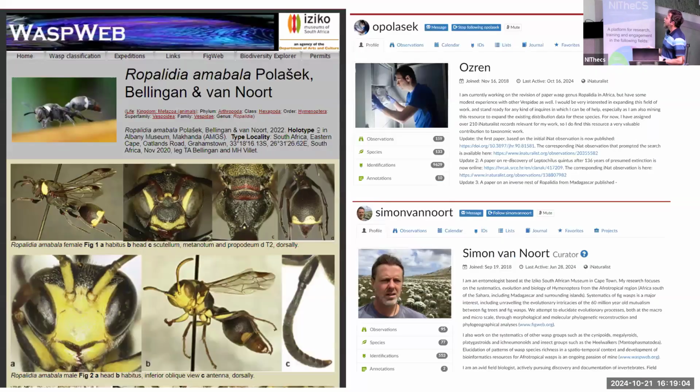Okay, sorry. So you remember I said this Osrin is a taxonomist, so he's a paper wasp specialist, and specifically Rhopalidia and also some of the others. So here he and Simon van Noort, who's a colleague of mine from the Iziko Museums in Cape Town, actually, after that observation, they collected a specimen, and then this is another platform, Wasp Web.